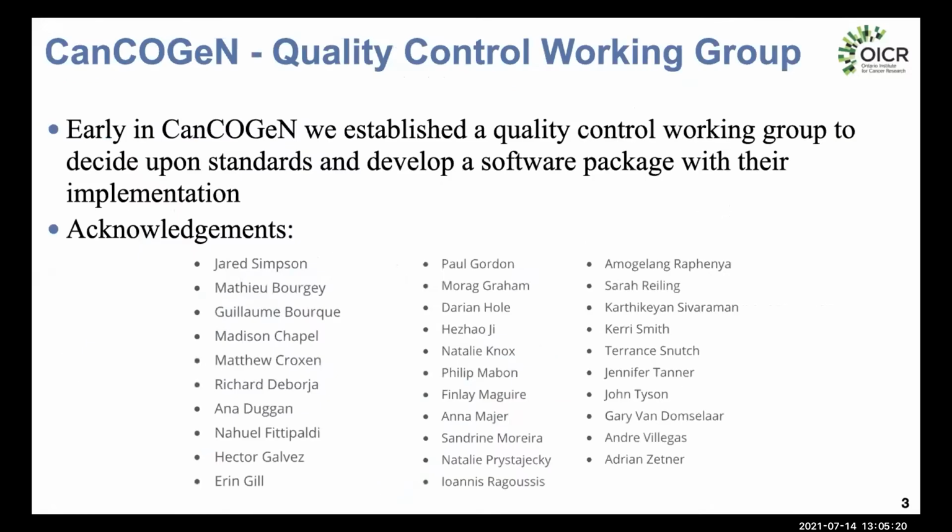And that's where the quality control working group came in. We struck this working group very early on in the project, well over a year ago now. They would decide on exactly which quality standards we would use, and then develop the software package ncov-tools to be able to be run to perform those quality checks.